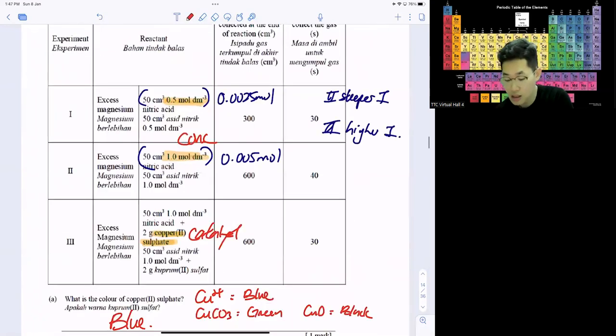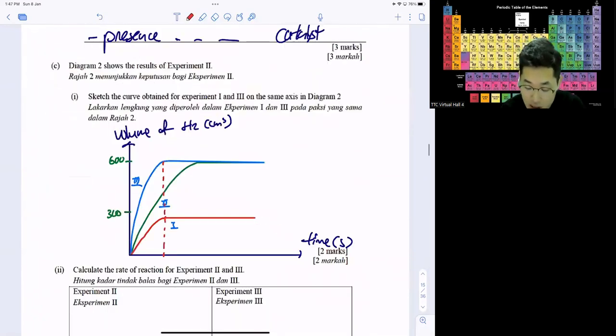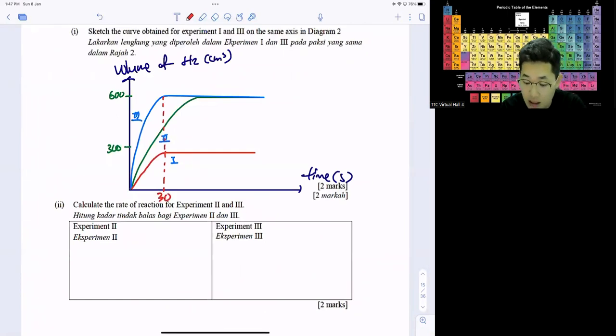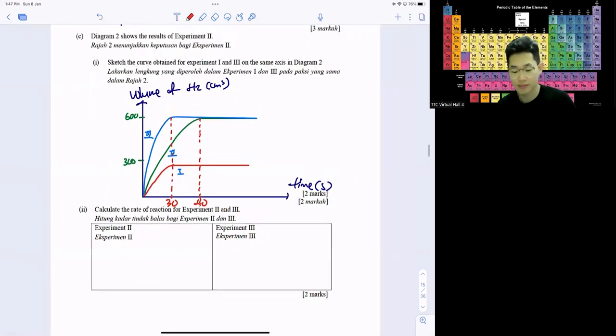So 30 seconds, 30 seconds: 1 and 3 are 30 seconds. And then experiment 2 is 40 seconds. Okay, just like that.